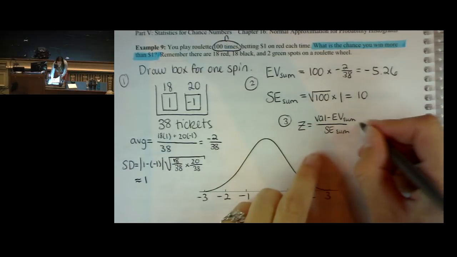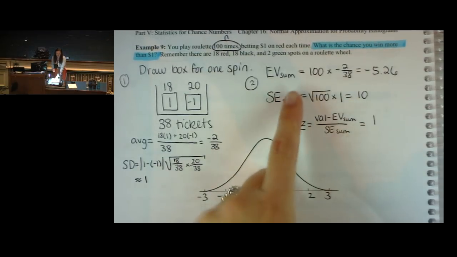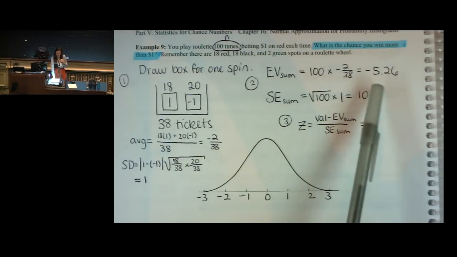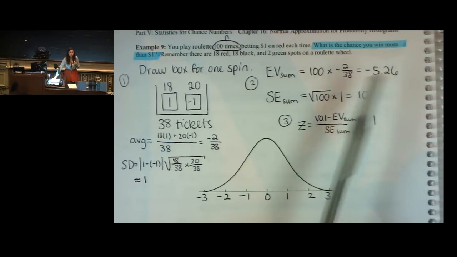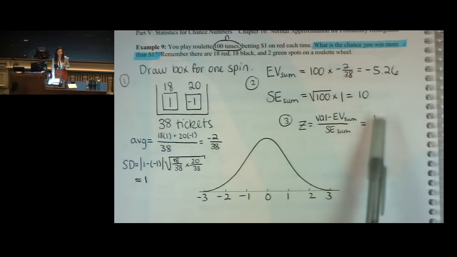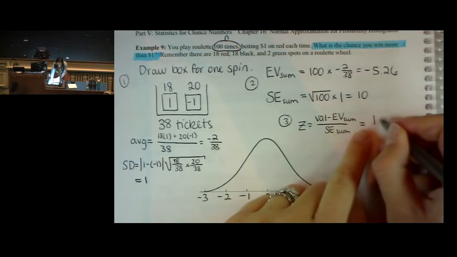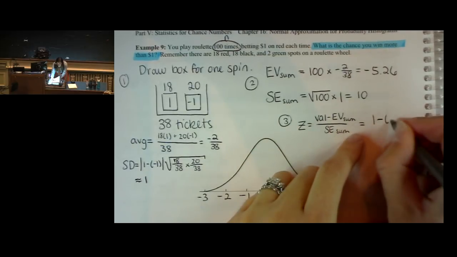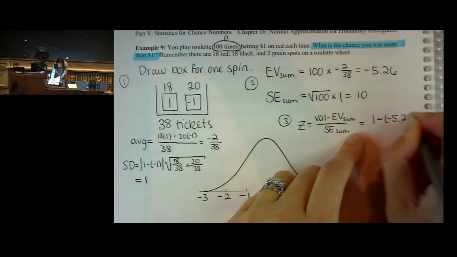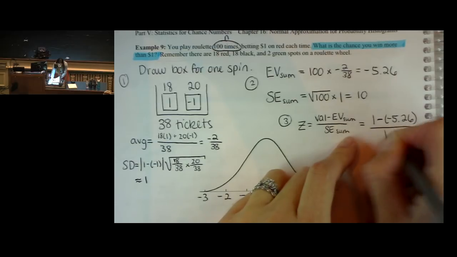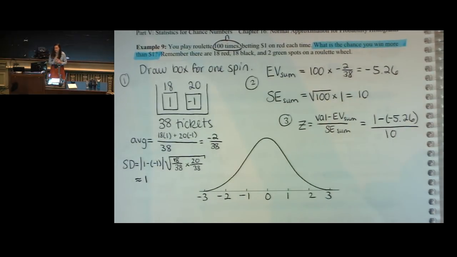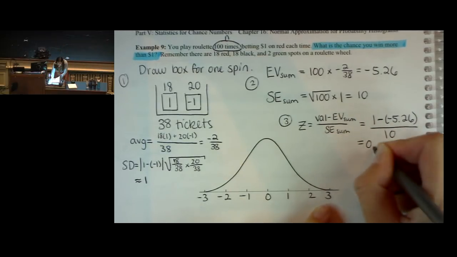And my value is $1, okay? Because I'm expected to lose $5.26, well, I want to know the probability I win more than $1. So value minus my expected value, which is negative, and that's okay, that actually does make sense, divided by standard error. And then my z-score ends up being 0.6.